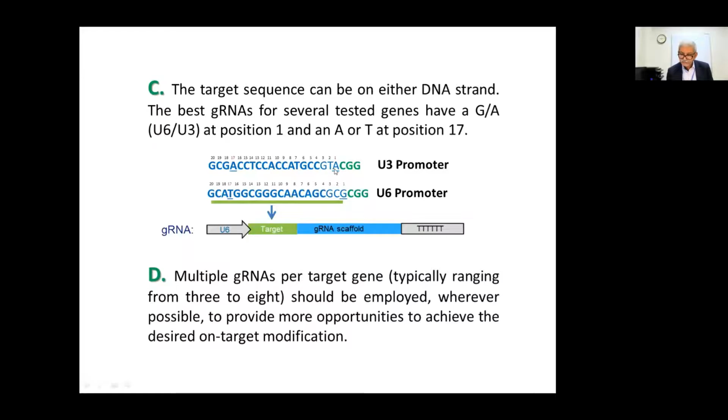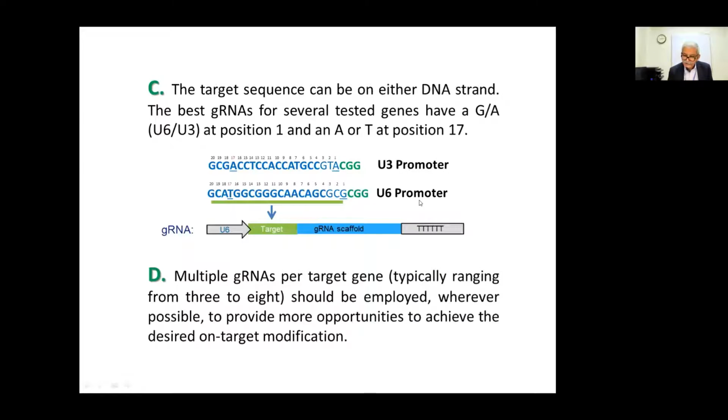So the first nucleotide close to the PAM site should be either A or G, and you can take it as position 1 or position 20, whatever you want to remember. A if you are using U3 promoter, and G if you are using U6 promoter.